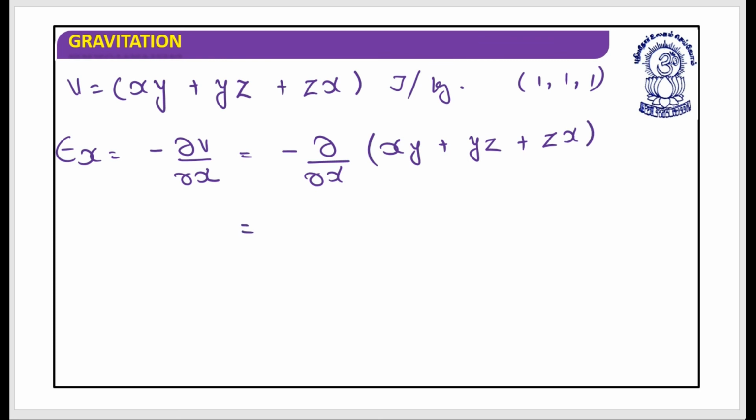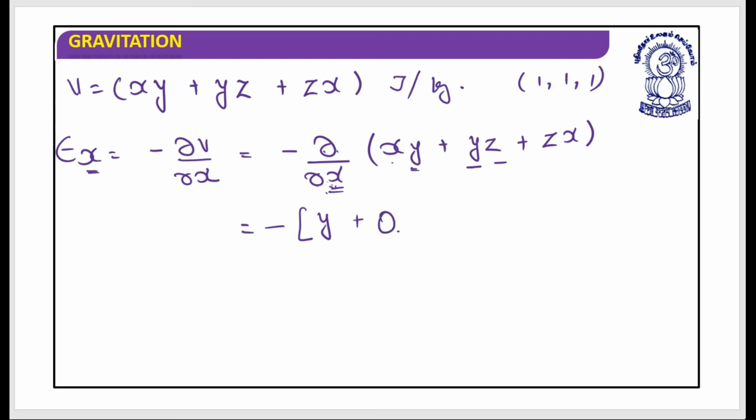So this is del by del X. When you are differentiating with respect to X, Y is constant for us. So del by del X of x is 1, so it's minus of y, plus del by del x of yz. These two are constant in this situation because you are differentiating with respect to x, so this is 0.